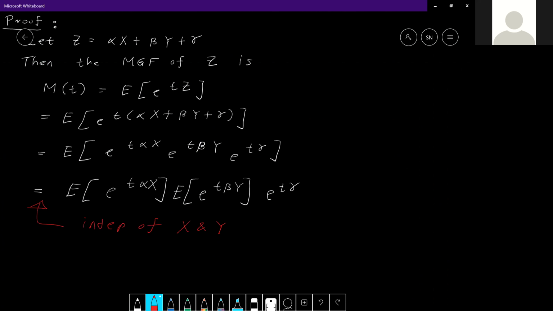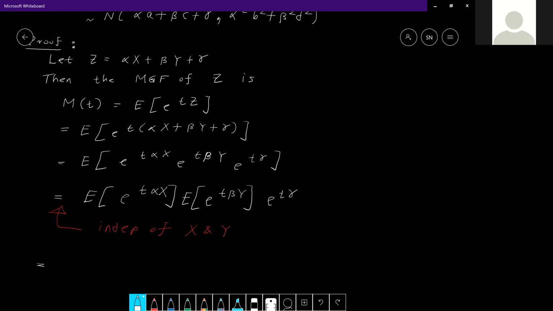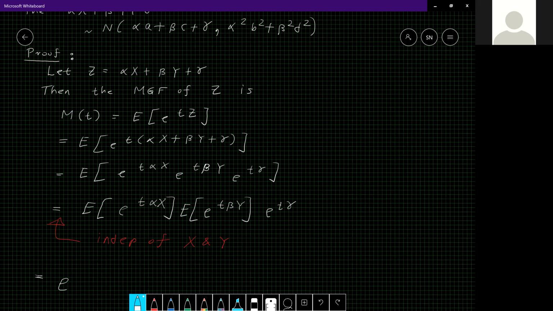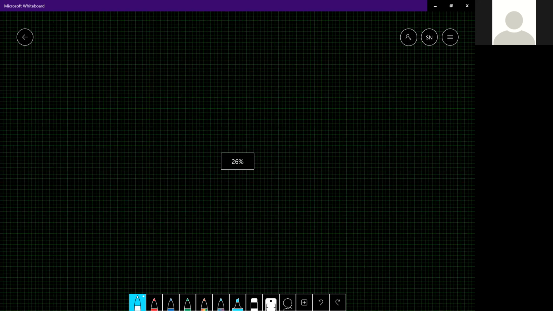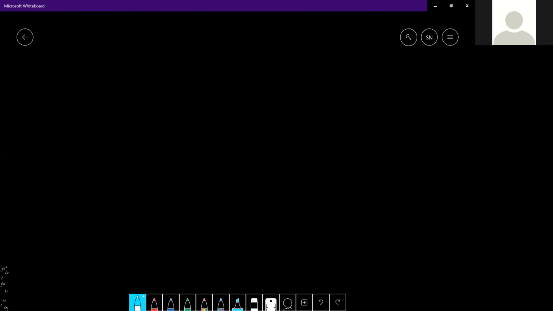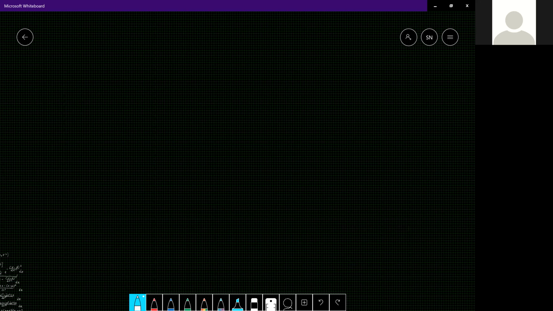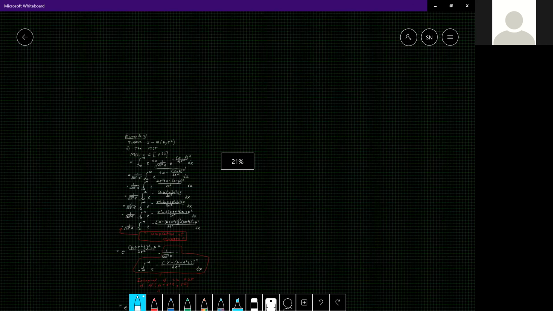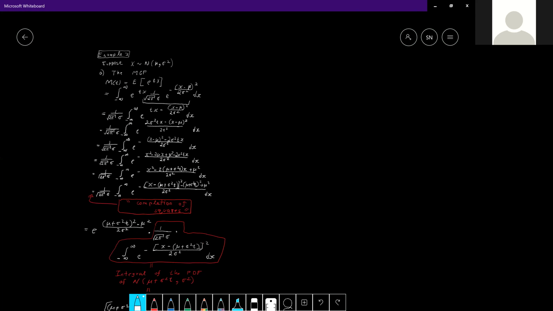Now we know that the first term is the MGF of X, so we can use the result that we already know from example 3. In example 3, we derived the MGF of X. Some of you came late, so let me show you example 3.